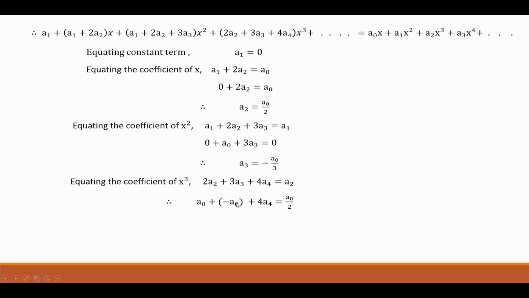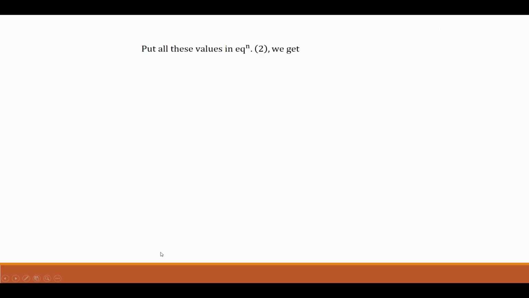The a0 and minus a0 cancel, so 4a4 equal to a0 upon 2, so a4 equal to a0 upon 8. Put the values a1 is 0, a2 is a0 upon 2, a3 is minus a0 upon 3, a4 is a0 upon 8 in y of x, and so on.